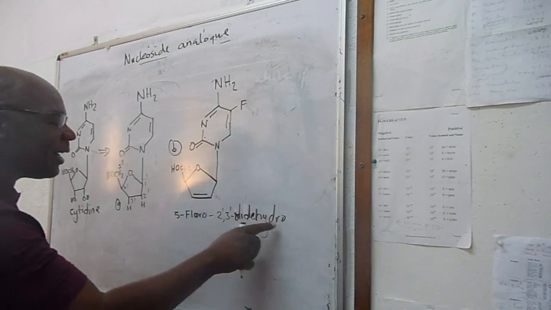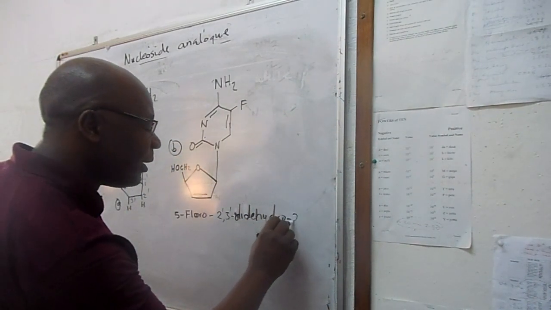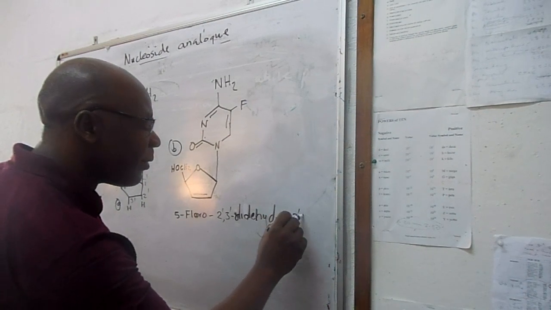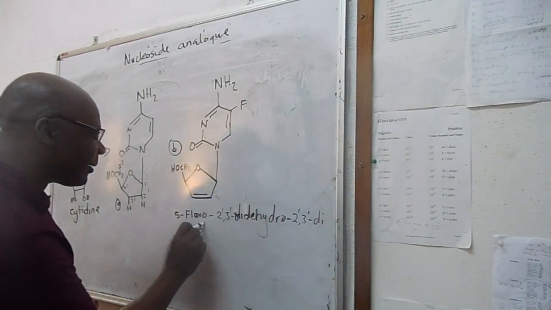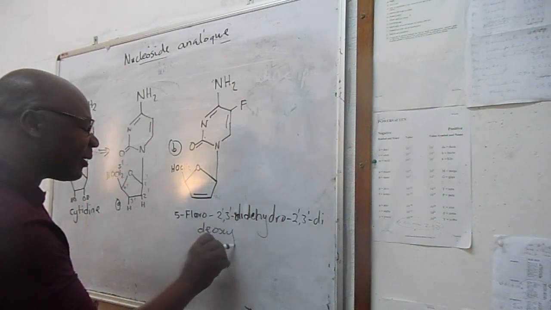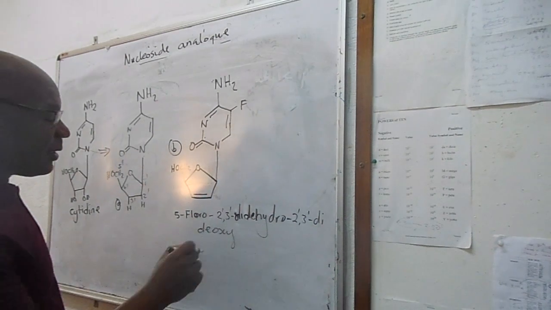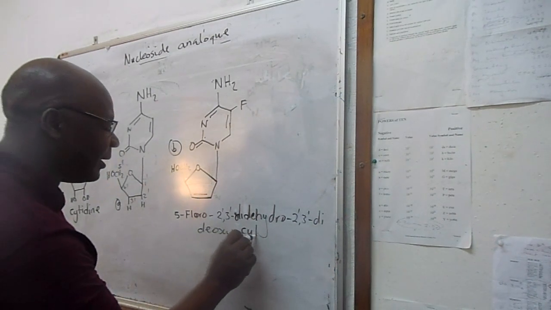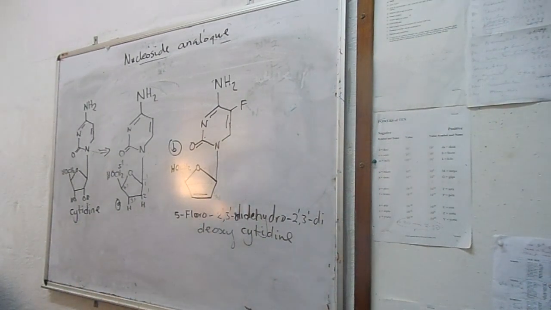Okay, but remember we initially removed the hydroxide. So 2', 3', again dideoxy. Okay, the whole compound is a cytidine, dideoxy cytidine. So that's another analog of cytidine.